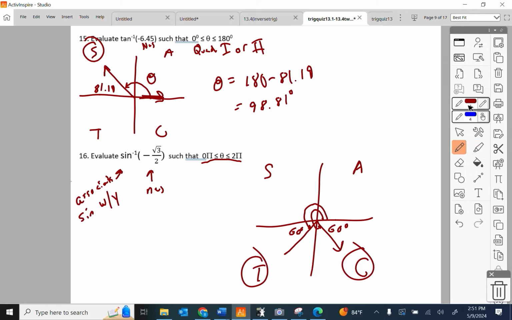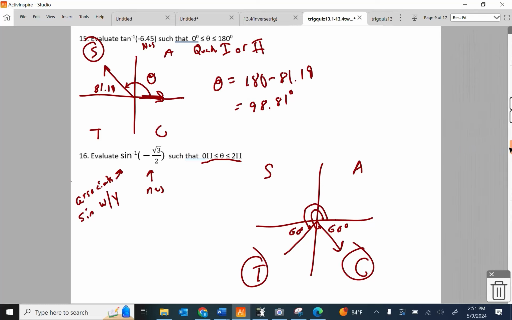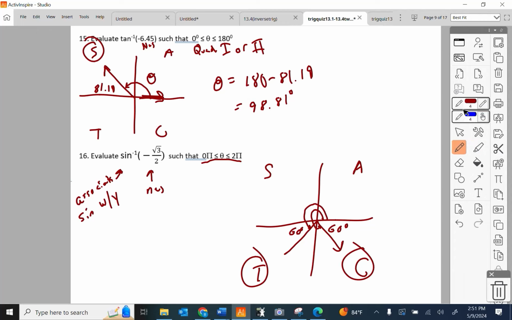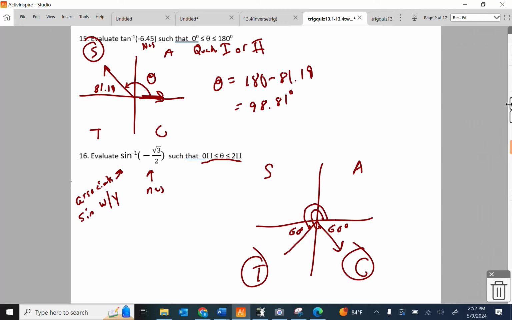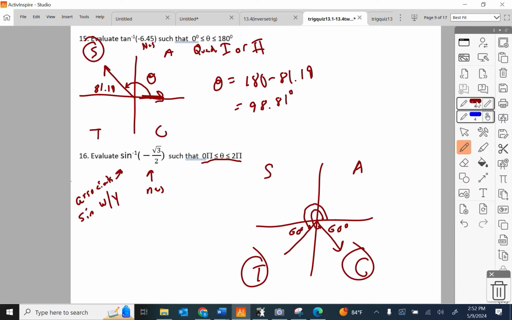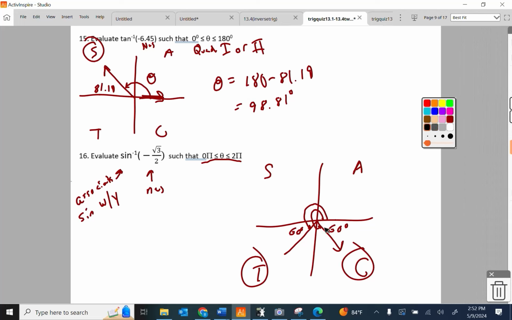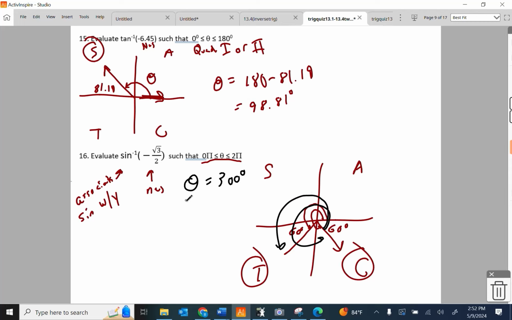So let's talk about the full angle here. All but 60. One angle is 300 degrees. 180 plus 60. The other angle is 240 degrees.